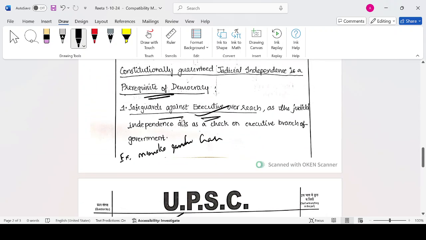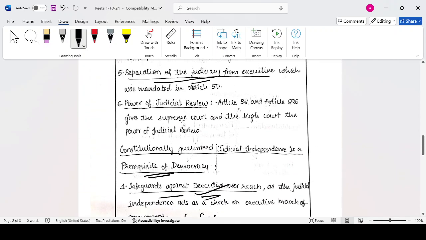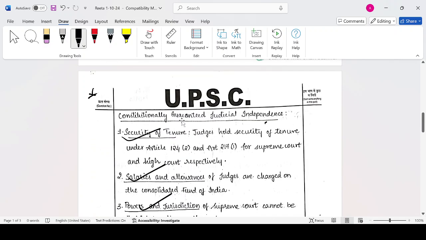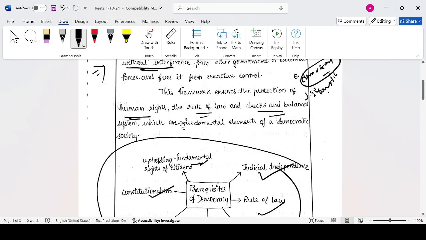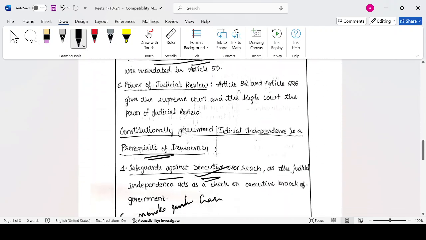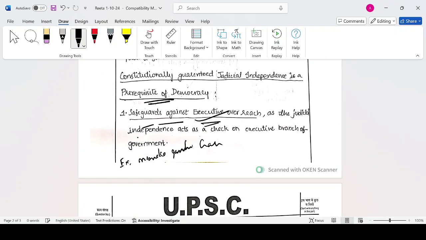So what needs to be added to this answer? This is really a good answer. What are the small modifications we need to make in order to get an extra one or one and a half marks? First, this part needs to come after the introduction, and then be followed by how it is constitutionally guaranteed.